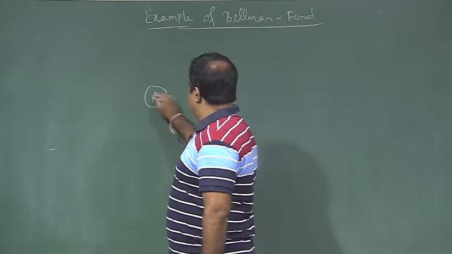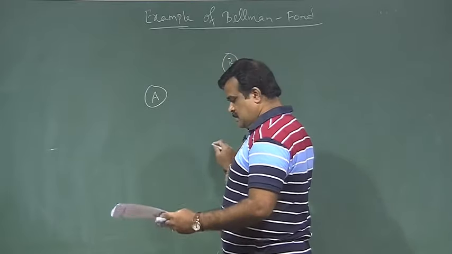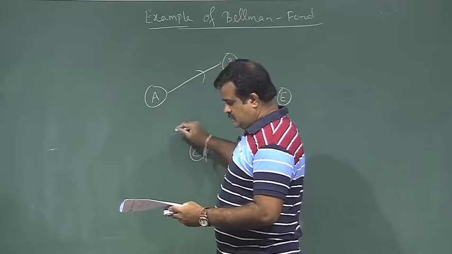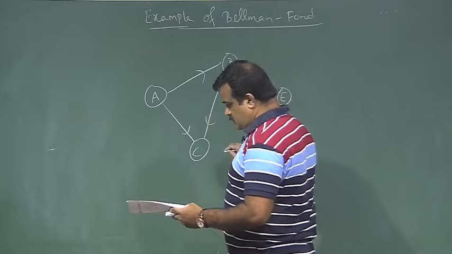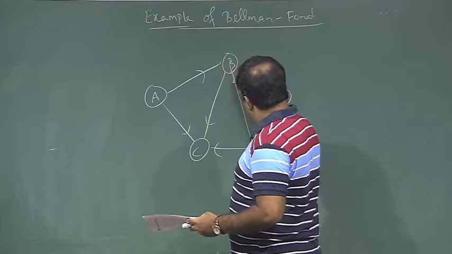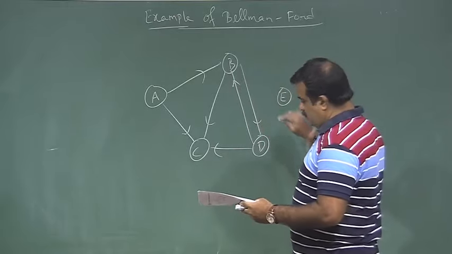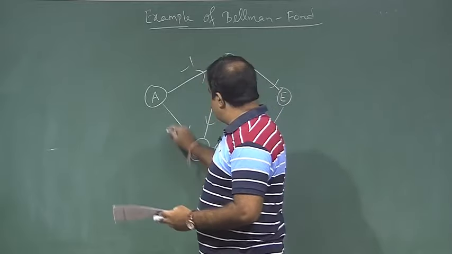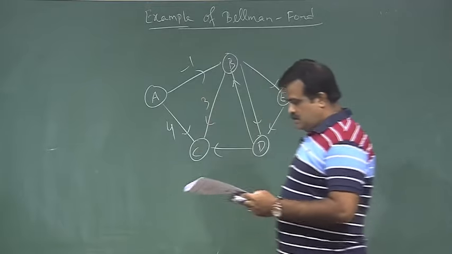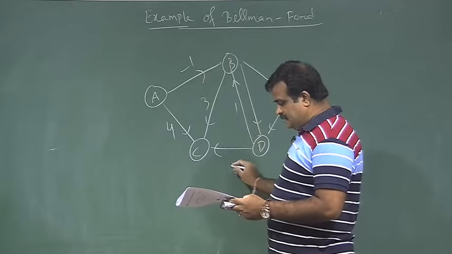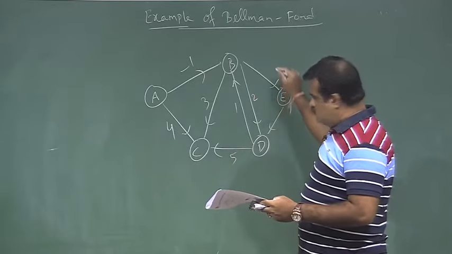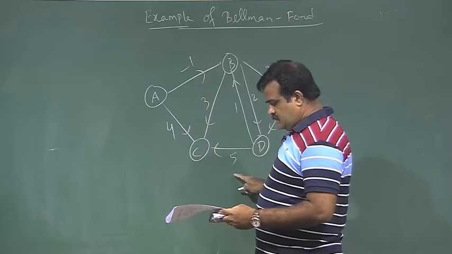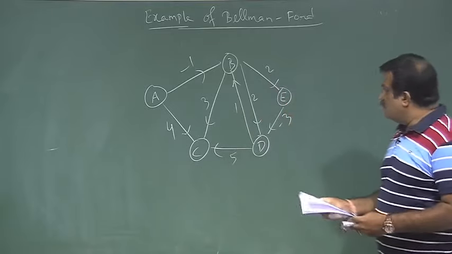Anyway, let us take an example. Let us take a directed graph with vertices A, B, C, D, E. Let us have the edges, and let us have these weights: minus 1, 4, 3, 5, 1, 2, minus 3, 2.